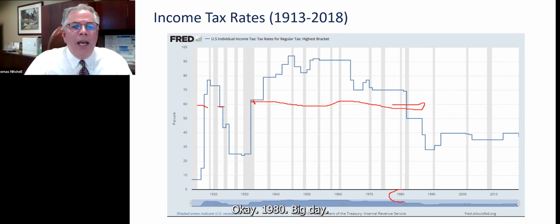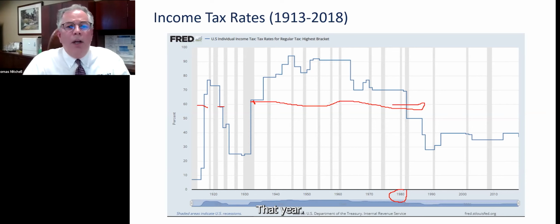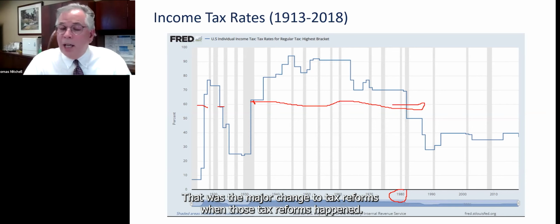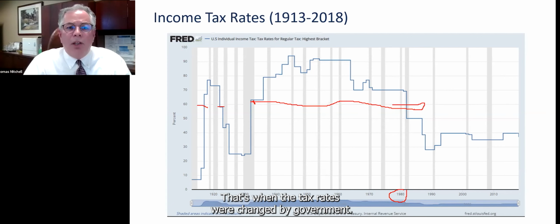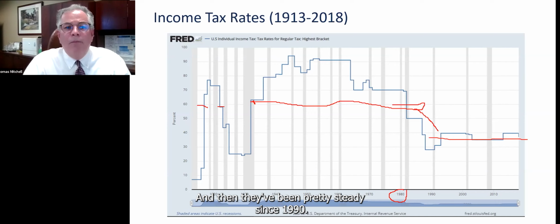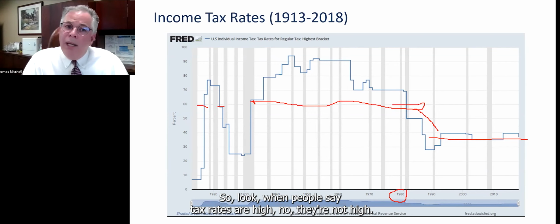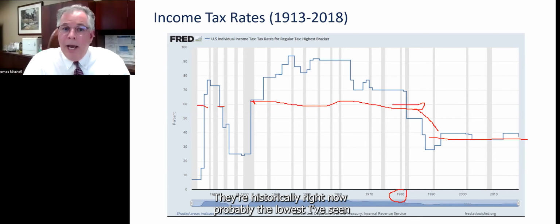Okay, 1980, big day. That year, there was some major change to tax reforms. When those tax reforms happened, that's when the tax rates were changed by government. And then they've been pretty steady since 1990. So look, when people say tax rates are high, no, they're not high. They're historically right now probably the lowest I've seen or will see.